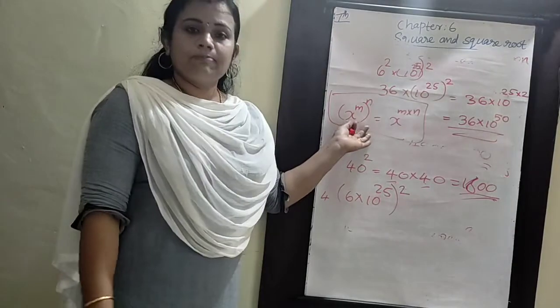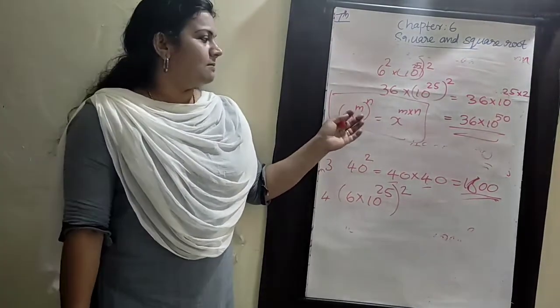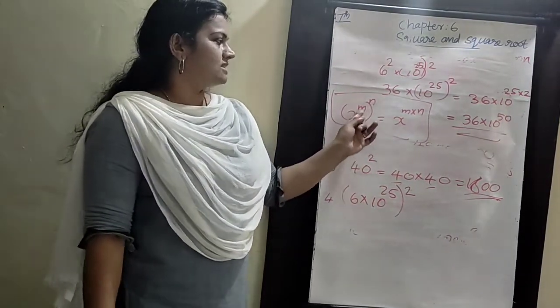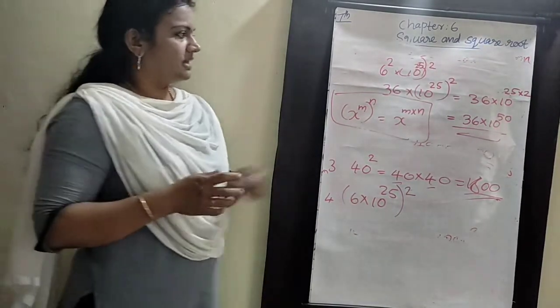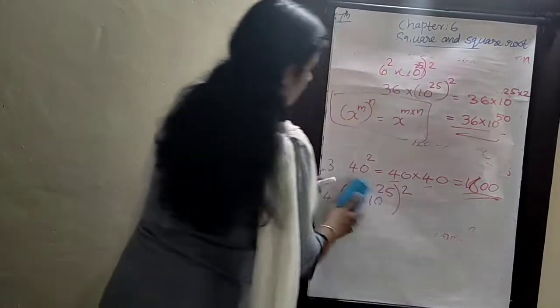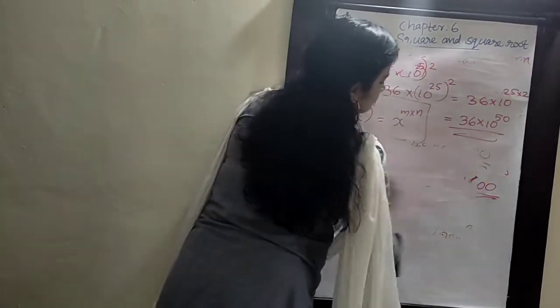So revise the previous chapter, repeated multiplication, the multiplication rules, (x raised to m) raised to n, the power of a power rule. Understood? We can write this. Okay, so many questions are given in your textbook.